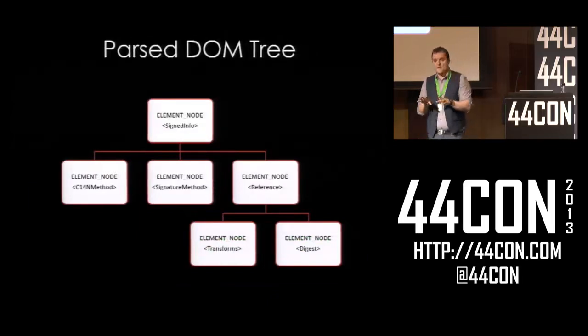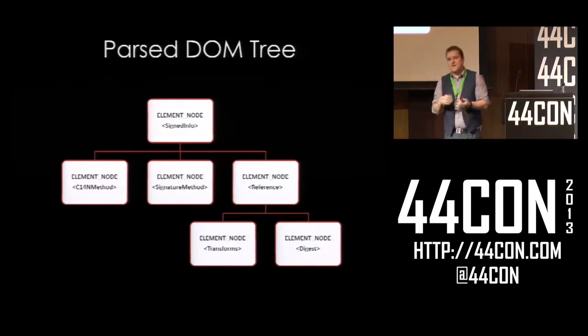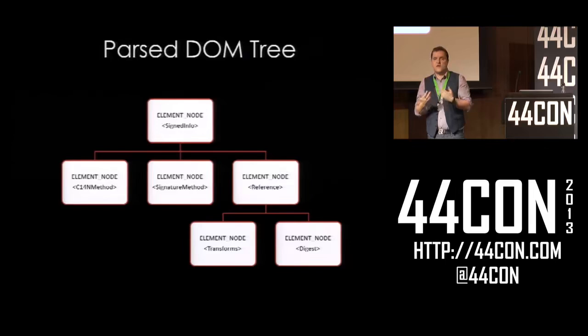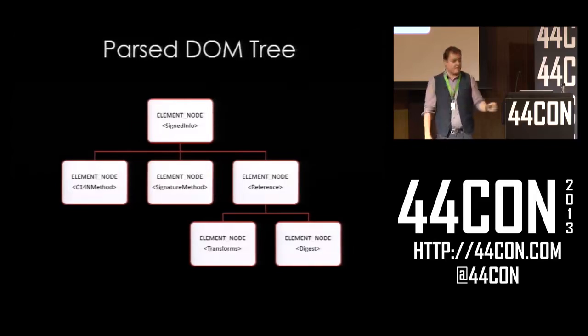Pretty much every implementation you see uses an XML DOM parser to construct a tree of the XML document and the signature. They didn't do a very good job specifying the standard, so it's hard to stream an XML document and verify its signature at the same time. When you parse the signature, it looks like this from a tree structure point of view. We have our signed info at the top, and under that, things like canonicalization information, signature information, and finally, our list of references.